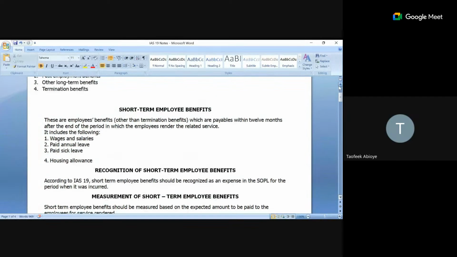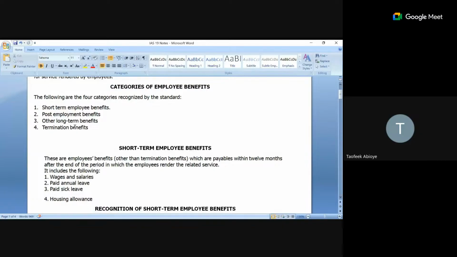Apart from short-term benefits, we have other long-term benefits, then we have termination benefits. The standard does not talk so much about these benefits. The first thing the standard talks about is the short-term employee benefit, which is the popular one that we know, wages and salaries and the like.